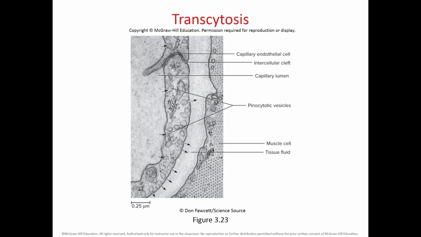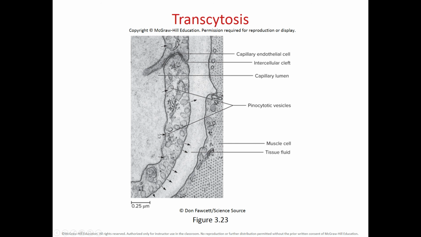So in transcytosis, basically you move vesicles from one side of the cell into the other side of the cell. Sorry, these are capillary cells, and these are muscle cells on this side.